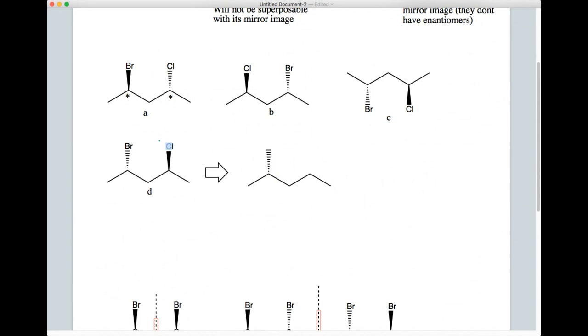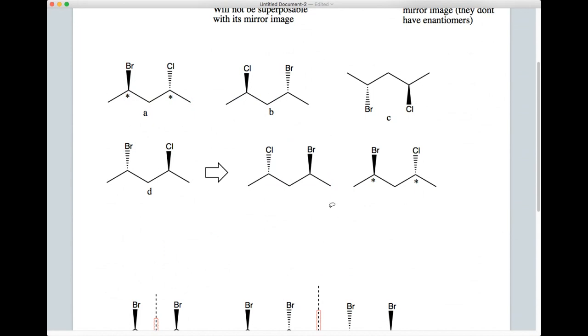If it's wedge here, it's going to be dash. And the bromine is going to be at this position. If it's dash here, it will be wedge here. So that's a 180 horizontal flip. And guys, if you put this next to one another, you can see how they are perfect mirror images of one another, okay?